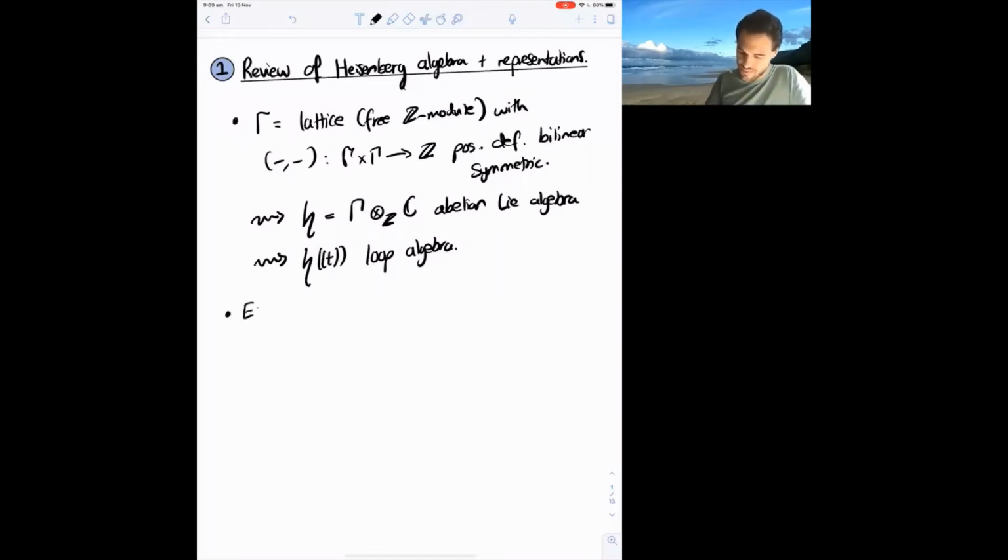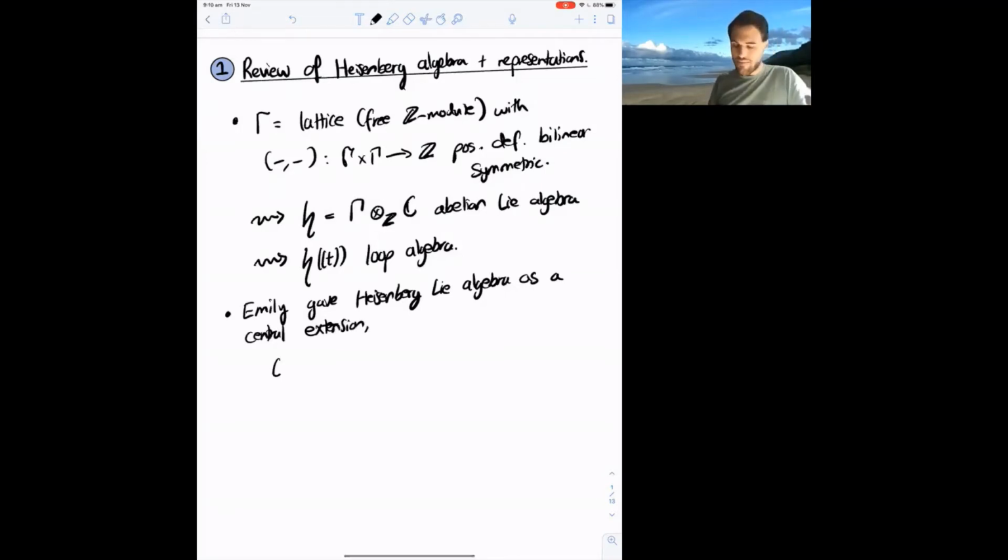So Emily gave the Heisenberg Lie algebra as a central extension. We had this one additional central element, 1, and the notation was H hat gamma.